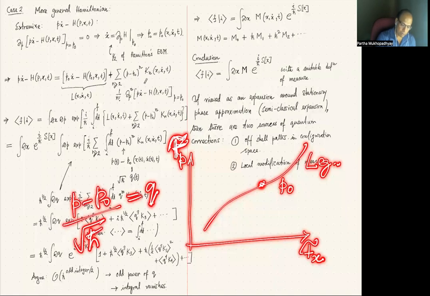in the h bar going to 0 limit, for an order 1 Q, if h bar is very small, your P minus P0 will have to be that small. If P minus P0 is finite, but you still take h bar to be small, then this will be very large.